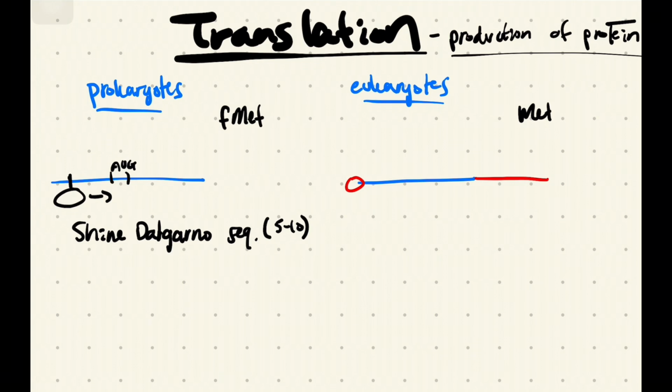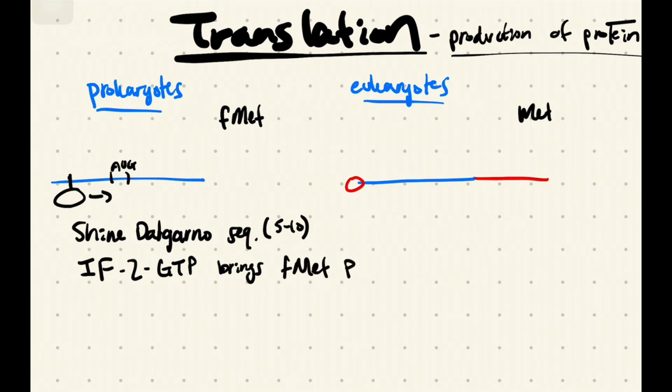So now what happens after it reaches that AUG, you're going to have initiation factors, and these just help with the process of translation. So your IF2 GTP is going to bring in your informal methionine to your P site.